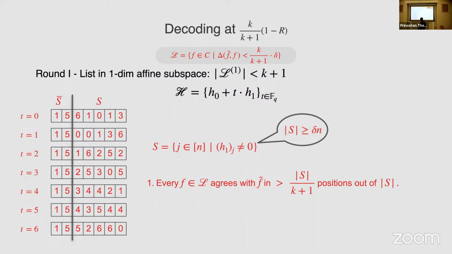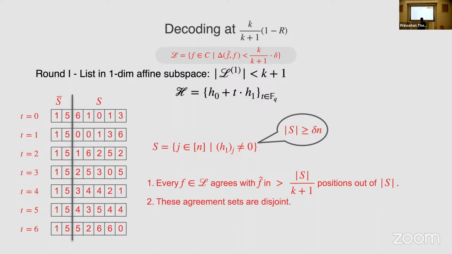Right, so this set is of large size, which means that the agreement has to be at least 1 over k plus 1. Again, if not, the disagreement will be k over k plus 1, and the set is large, so that would be too much disagreement with f tilde.